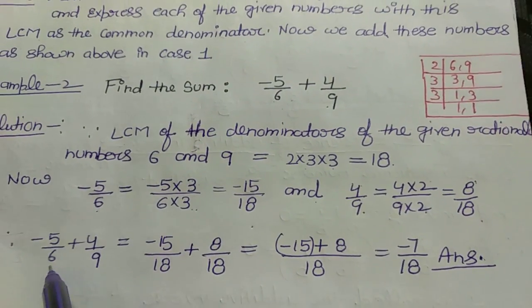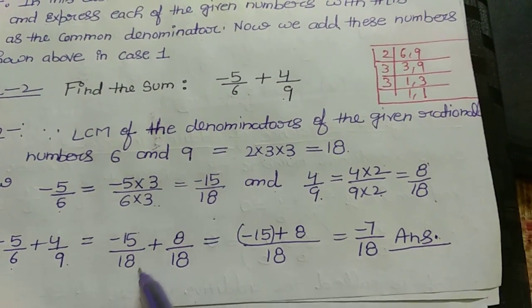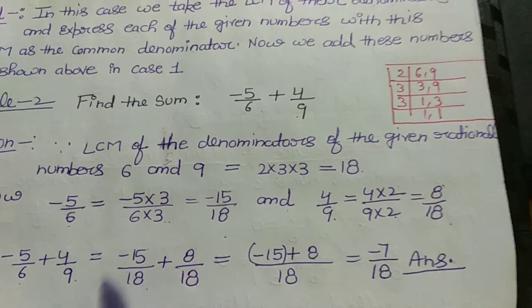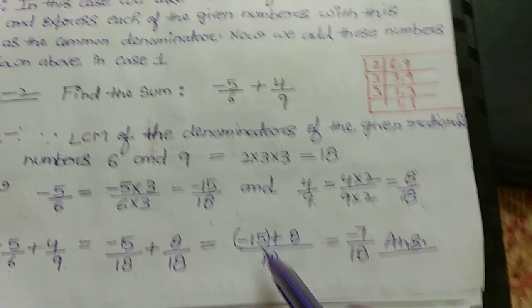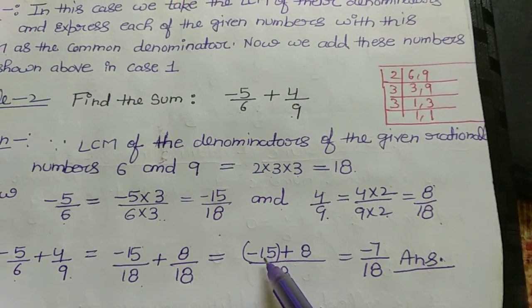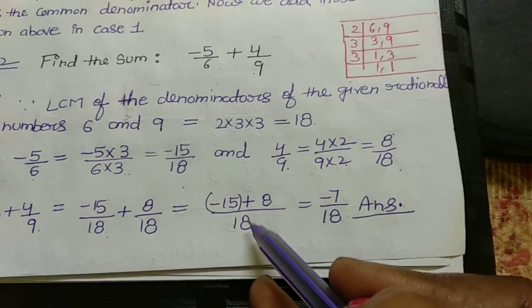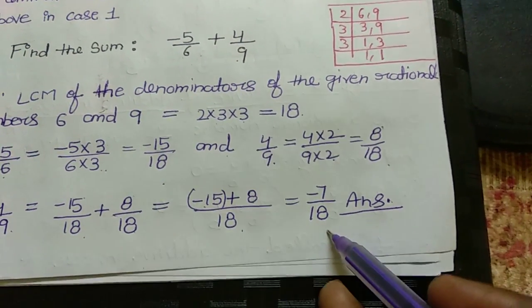Then minus 5 upon 6 plus 4 upon 9 is equal to minus 15 upon 18 plus 8 upon 18. Now they have the same denominator 18. So we will write the common denominator 18 here, and then we will add the values of their numerator as we have done in case 1. Minus 15 plus 8 is equal to minus 7 upon 18.